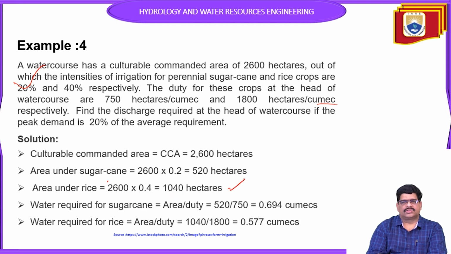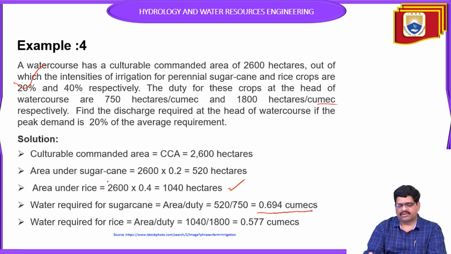1040 hectares. And water requirement for the sugarcane is equal to total area divided by duty. So area by duty, that is equal to 520 divided by 750, that is equal to 0.694 cumec.